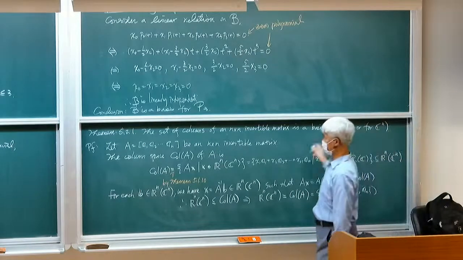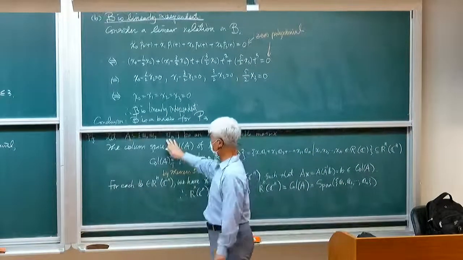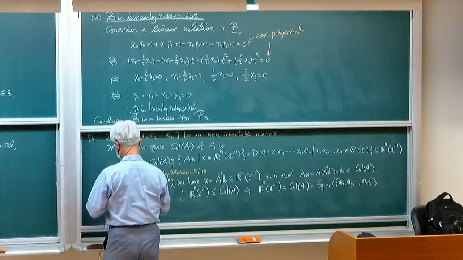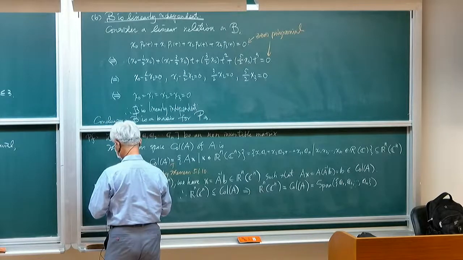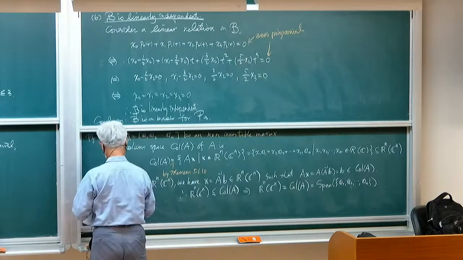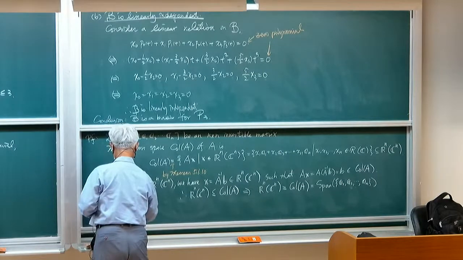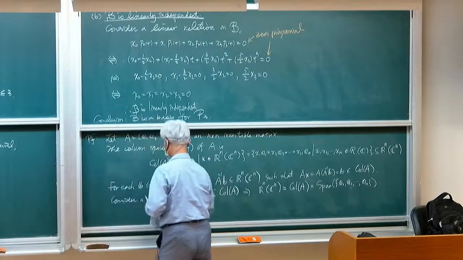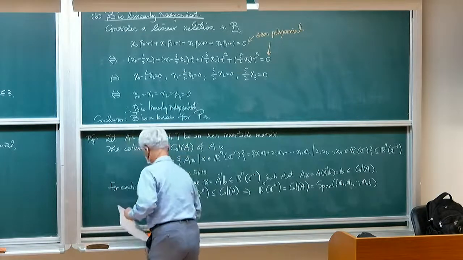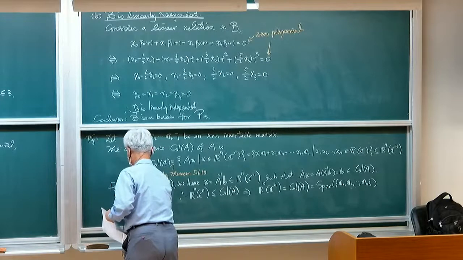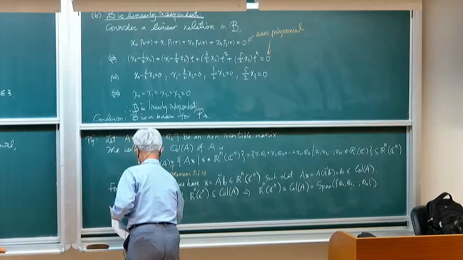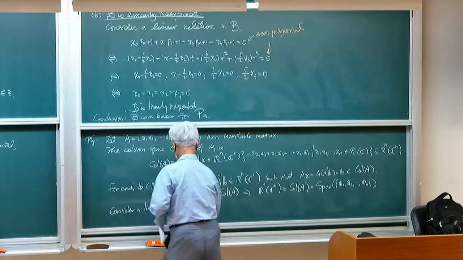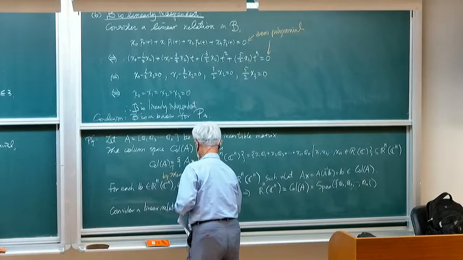So the only thing left is to show these n columns form a linearly independent set. All right, so consider a linear relation on the set.